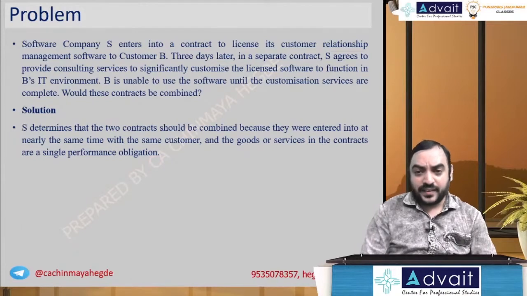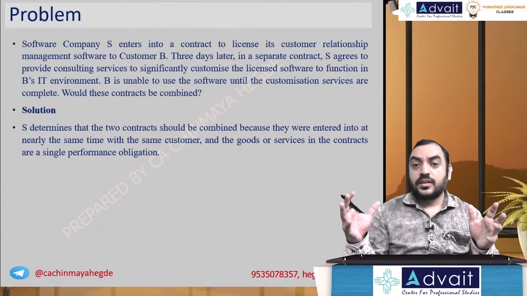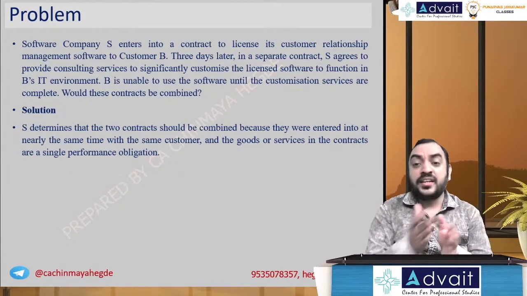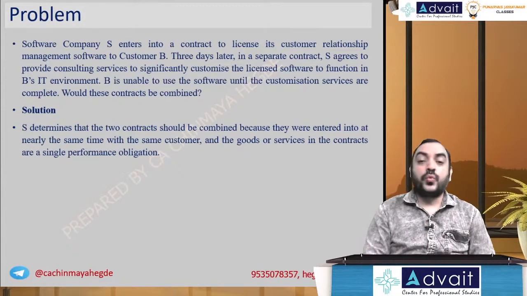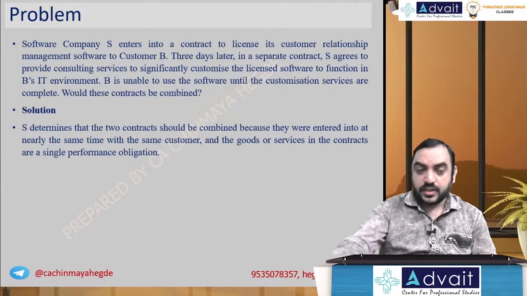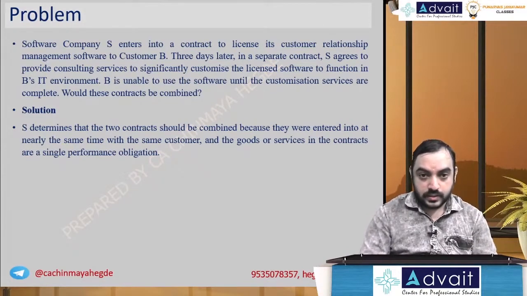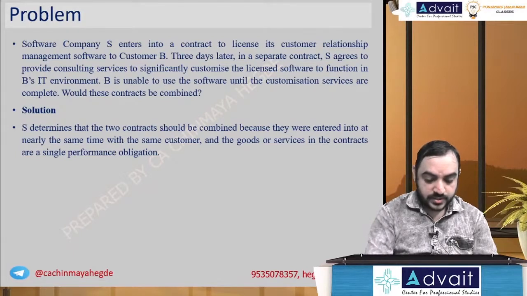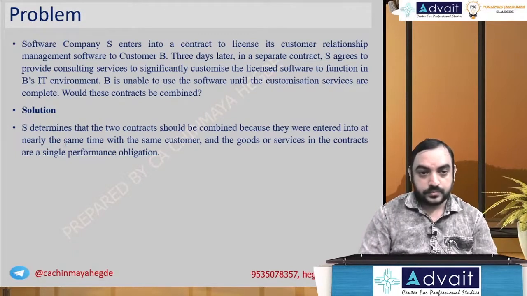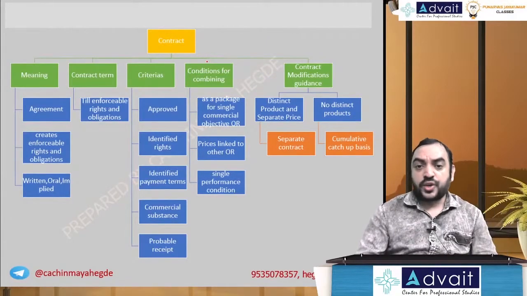The contracts might be entered at different time points, but if they satisfy certain conditions, even though they are different contracts, they are combined for the purpose of Ind AS 115. In which situations are they combined? Let me just give you a quick revision of the charts. You can see conditions for combining.